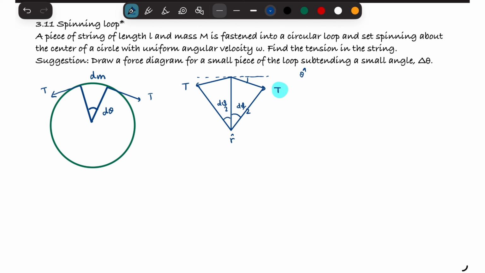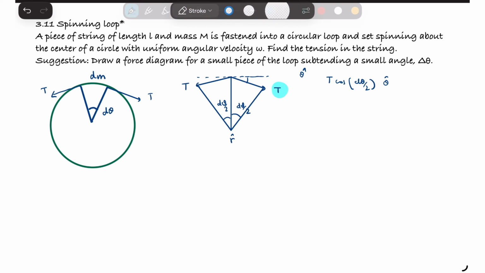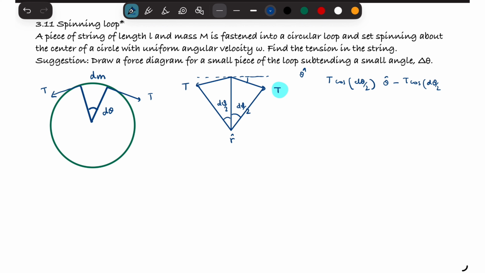Along theta hat, the tension will be T cos d theta by 2, and the other one will give minus T cos d theta by 2 theta hat, because they are in opposite directions and sum to 0. So there is no net force in the theta direction.